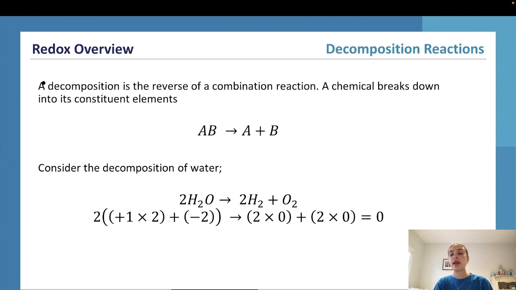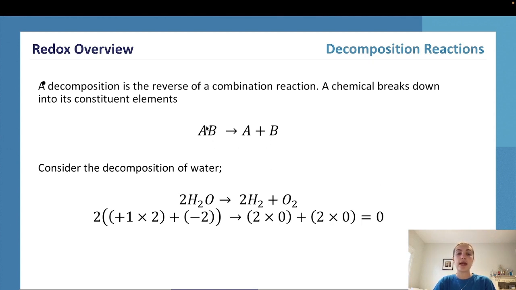Our next one we can look at is the opposite of that, so that's our decomposition reactions. So a decomposition reaction occurs when a chemical compound breaks down into each of its constituent elements.